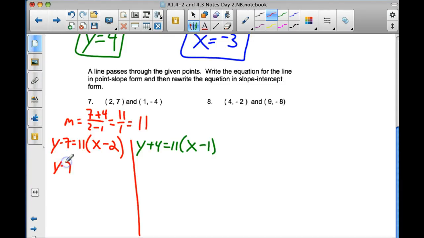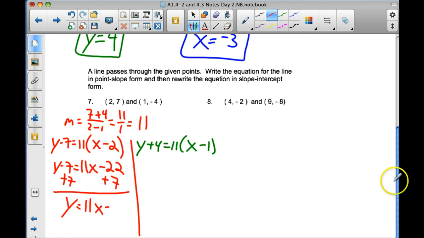Y minus 7 equals 11x minus 22 plus 7. Did you get 11x minus 15? Yeah, that's what we got too. You got the same thing? Cool. Wow, it's totally radical. This is what I live for, guys. This class.